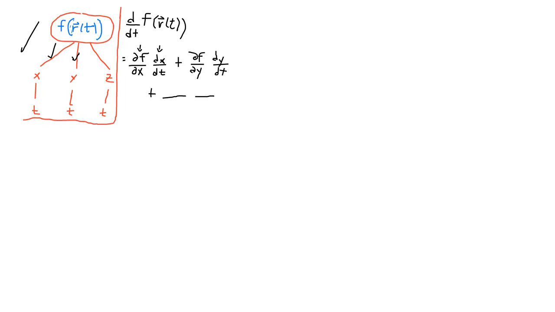And then finally, we're going to have the partial of f with respect to z times dz dt. Okay, and everything's getting multiplied here, right?